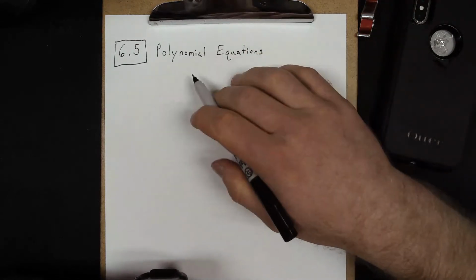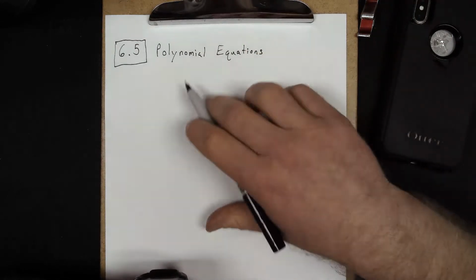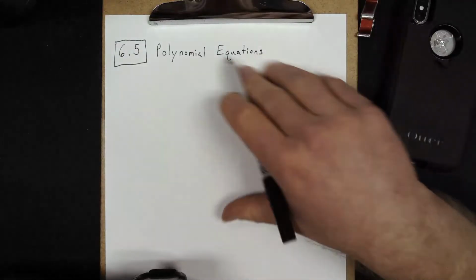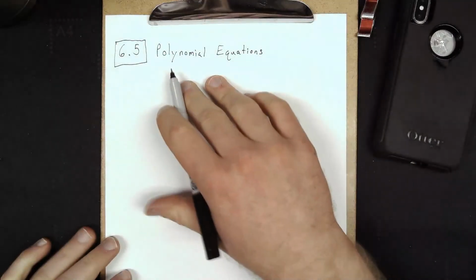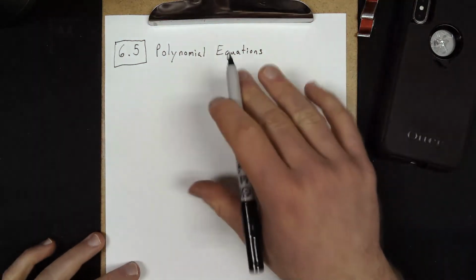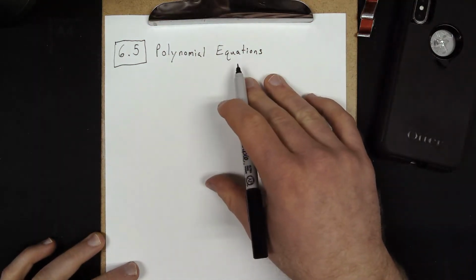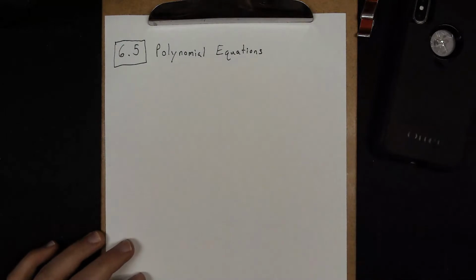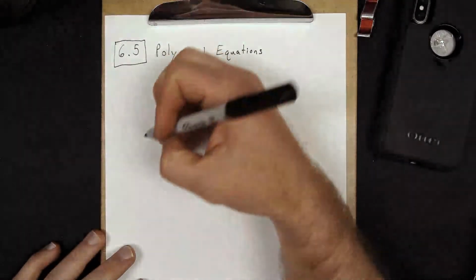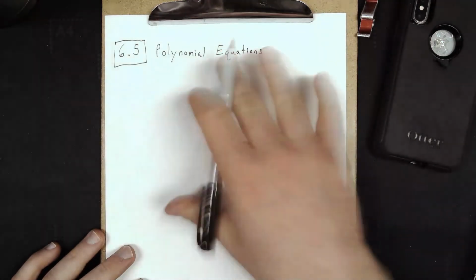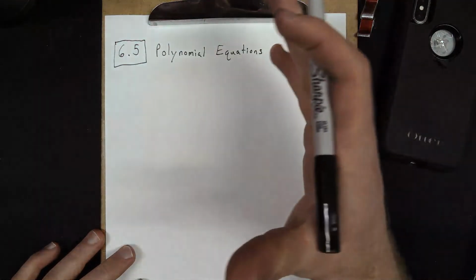Sure, we know what polynomials are, but now we're going to be actually solving some things. That's where equation comes in. We know how to deal with polynomials, but we're going to finally start doing some serious math. We're going to be solving for things.